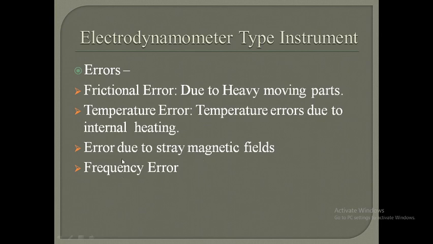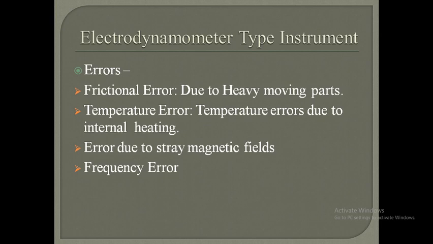Now next is your frequency error. Frequency error, as I have already told you, when we talk about AC, occurs due to what? Due to the change in the inductance or the change in the reactance of the coil, because your coil inductance depends upon the frequency.